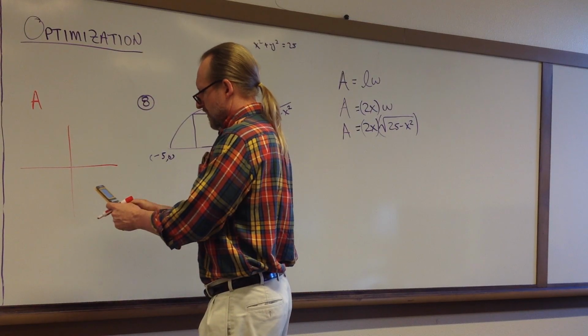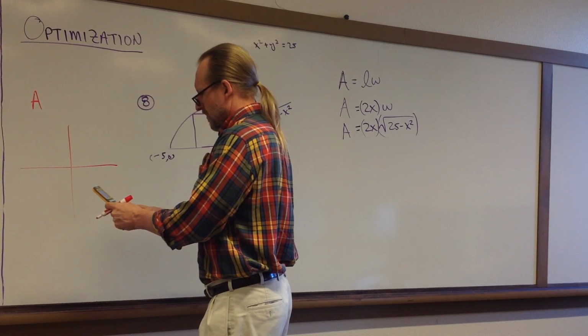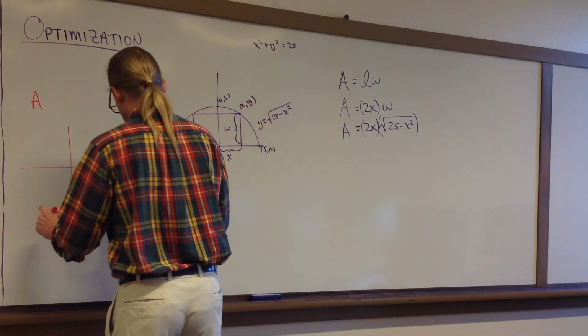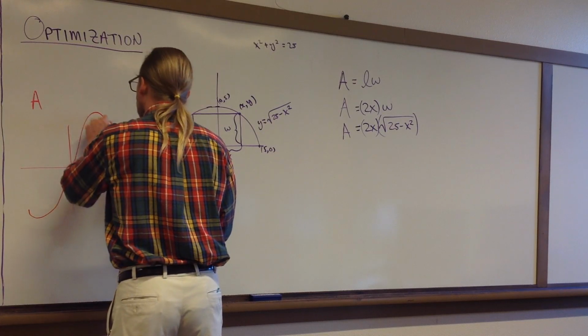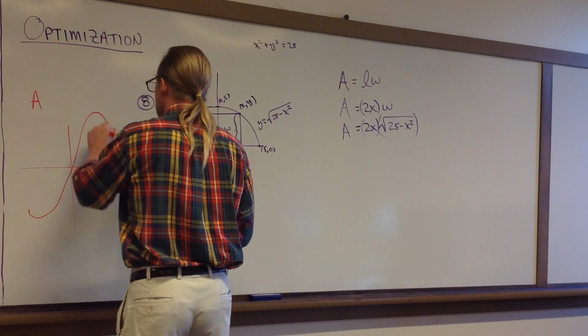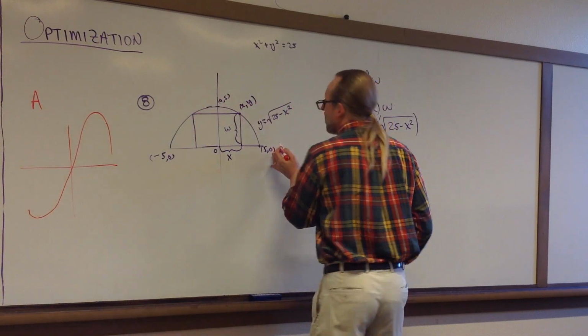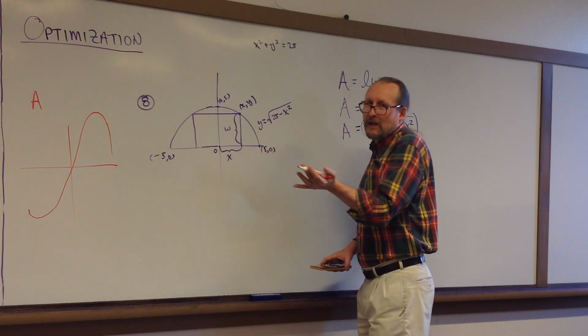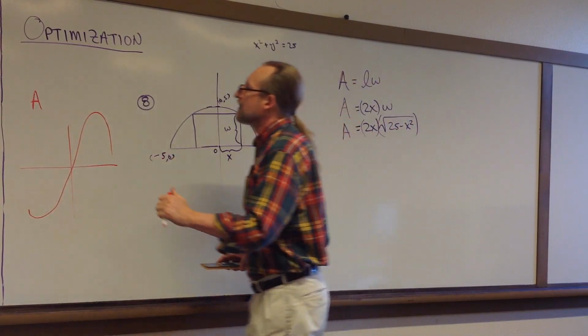Let's see here. So it's kind of doing something like this, okay? And then it stops because for x values greater than 5, there's no rectangle. That's why we're not getting any area calculations there.